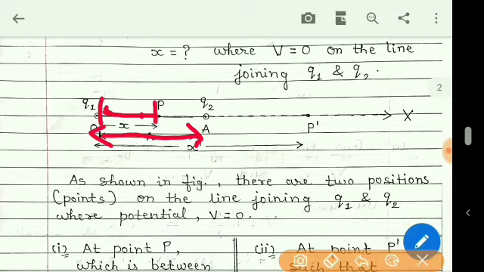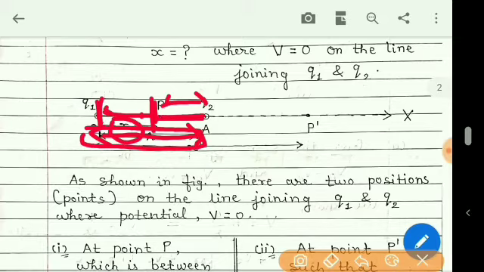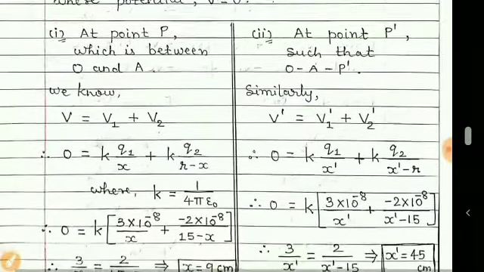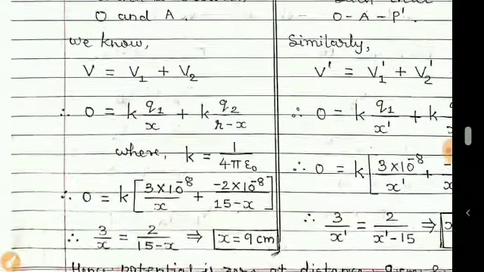So we get this much distance because we already know the distance between O and A. This distance is known, and the distance from charge Q1 to P is already taken as x, and so this much distance from charge Q2 will be r minus x.